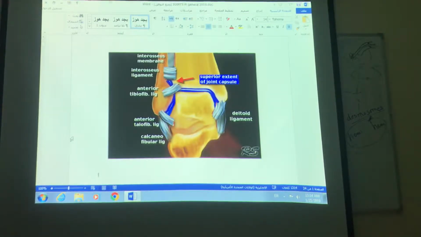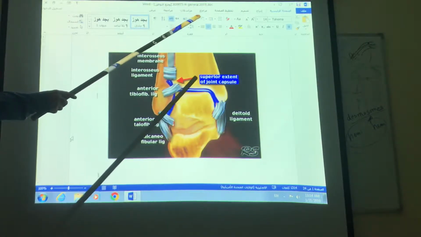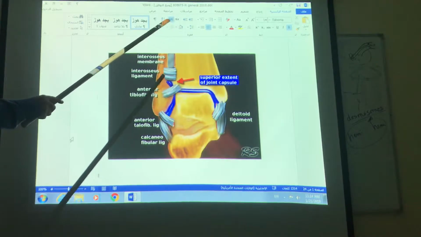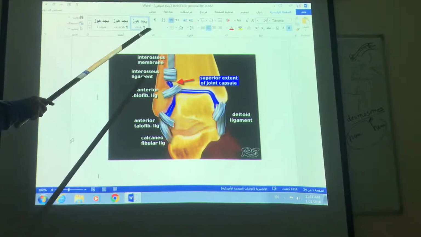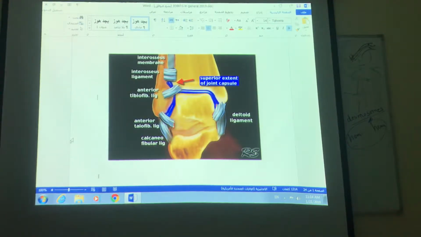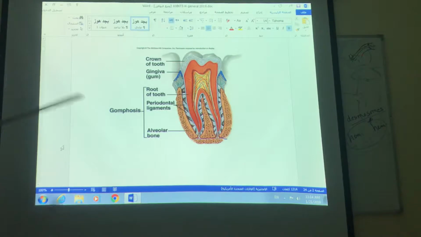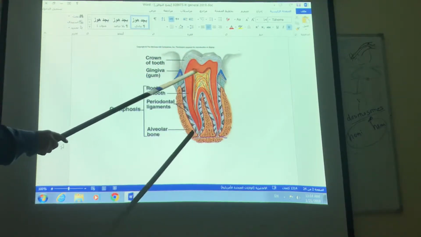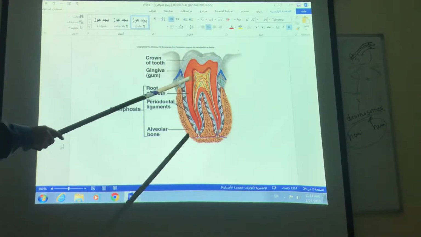Syndesmosis occurs, a typical example, in the inferior tibio-fibular joint. The two bones are connected together by interosseous ligament. Gomphosis is the connection between the root of the teeth and the sockets of the teeth by periodontal ligaments.